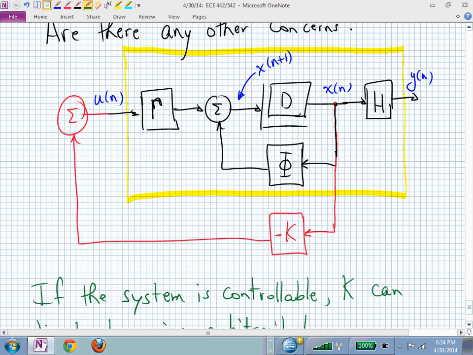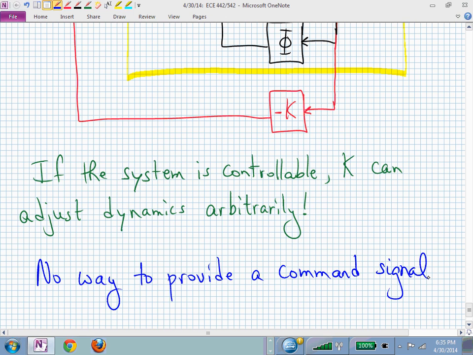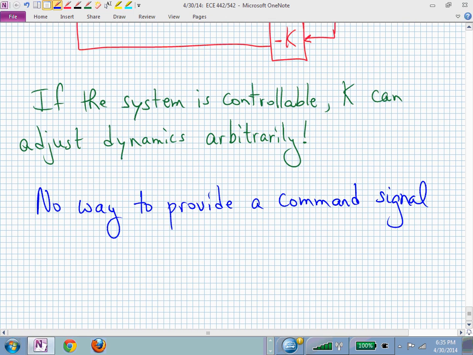That's one of the issues we have to address. So let me write that down. What we see here is that there's no way to provide a command signal to the system.